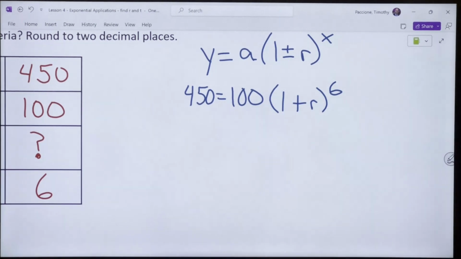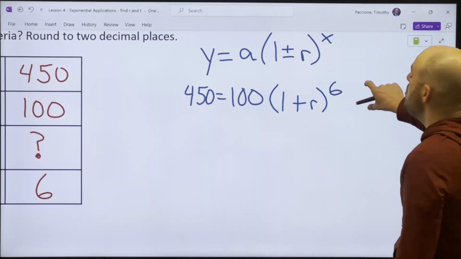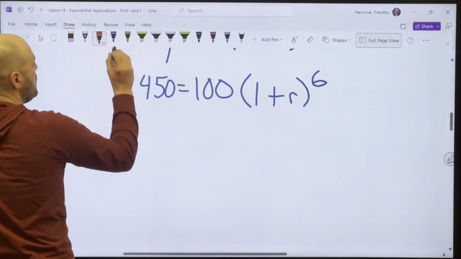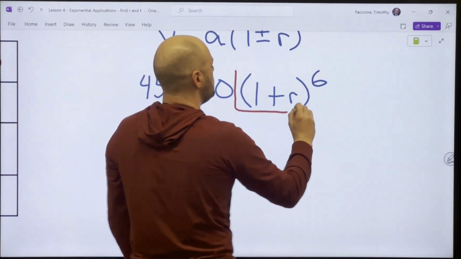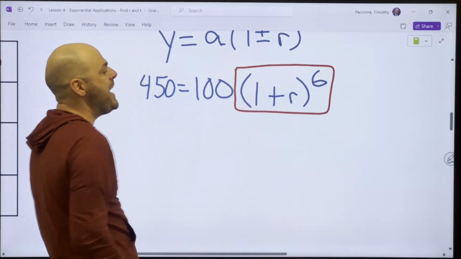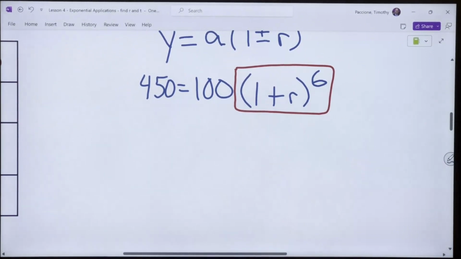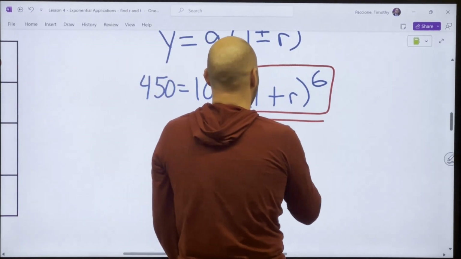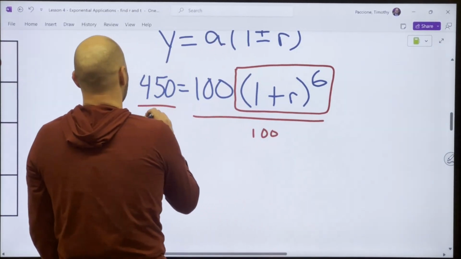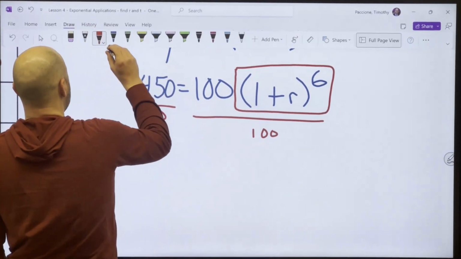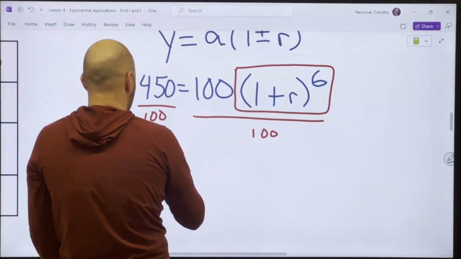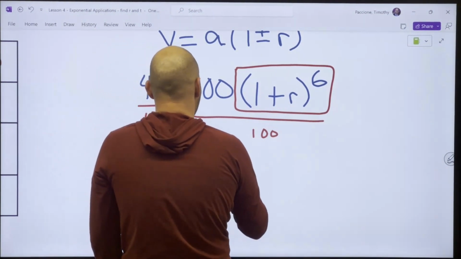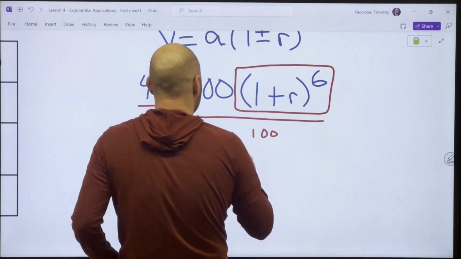It's going to become similar to our warm-up. Okay? What is being raised to a power here? This part, right? So that needs to be isolated. So what needs to go away? And how do we make it go away? Divide by 100. And when I do that, on the left side, I end up with 4.5. And on the right side, I have 1 plus r to the 6.